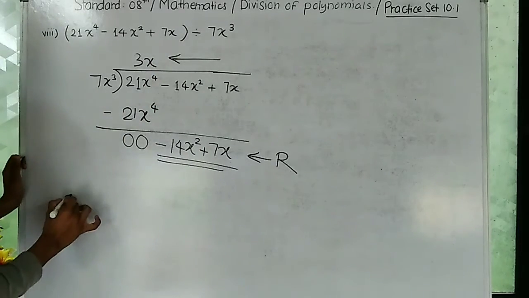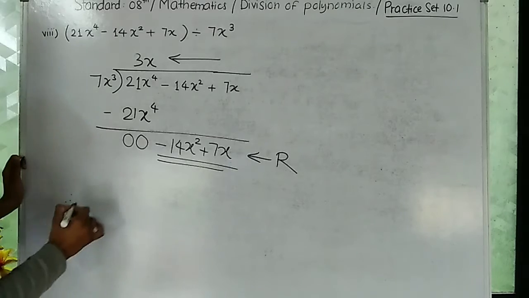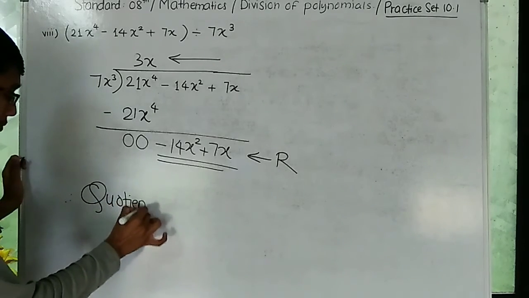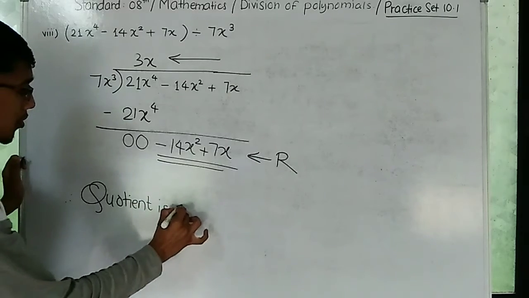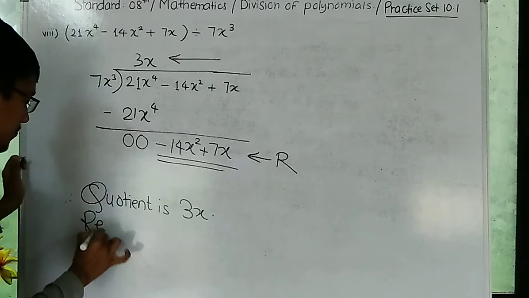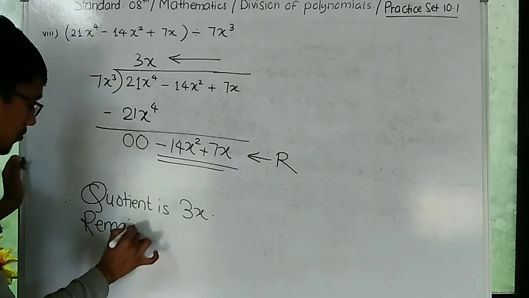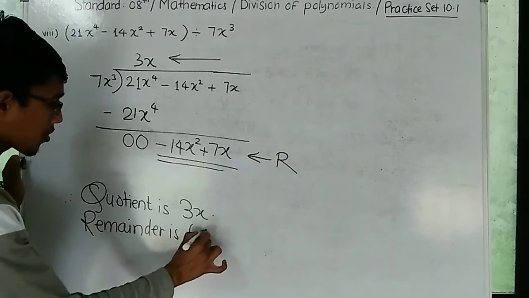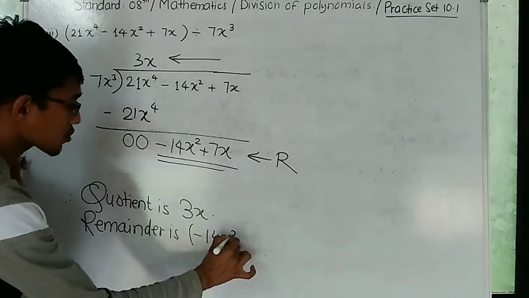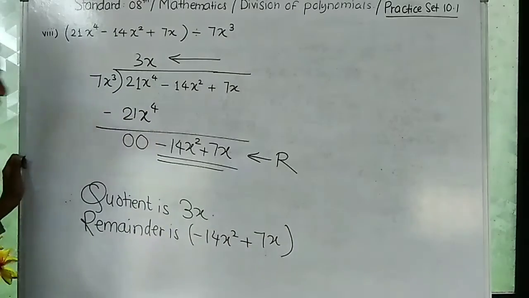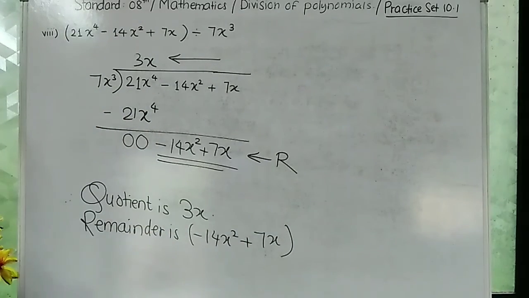Okay, so we can write, therefore, quotient is 3x and the remainder is minus 14x square plus 7x. Okay, this is my remainder and this is the quotient.